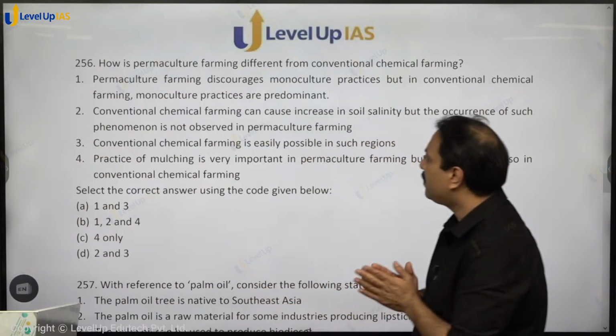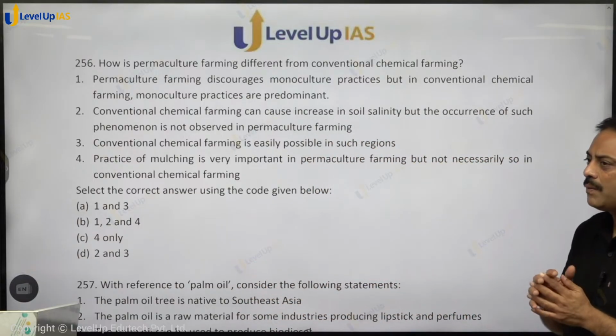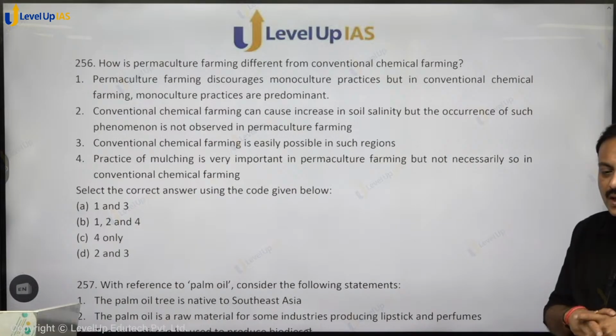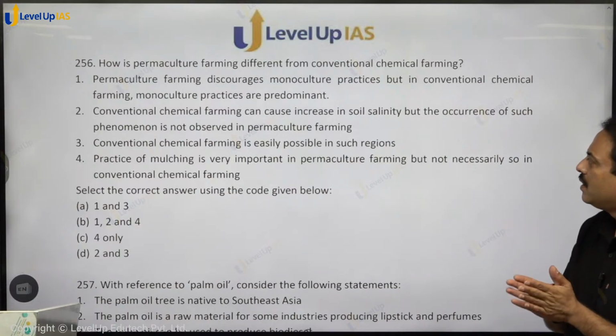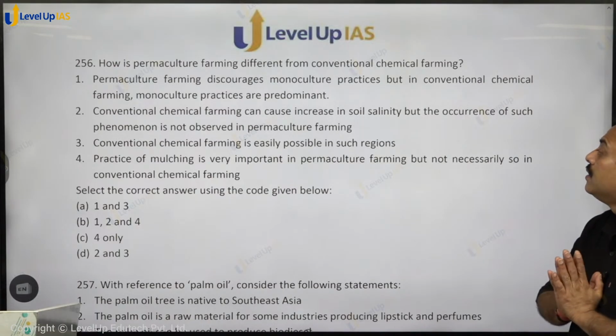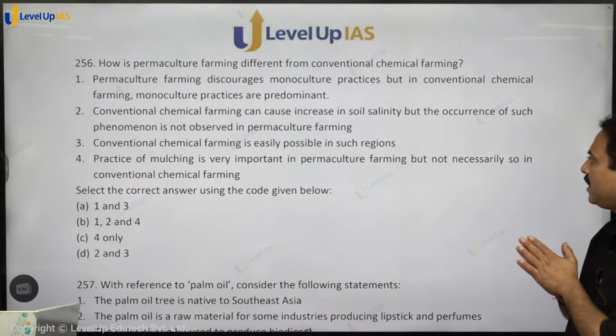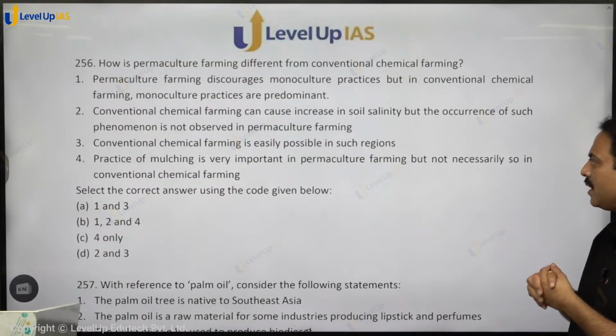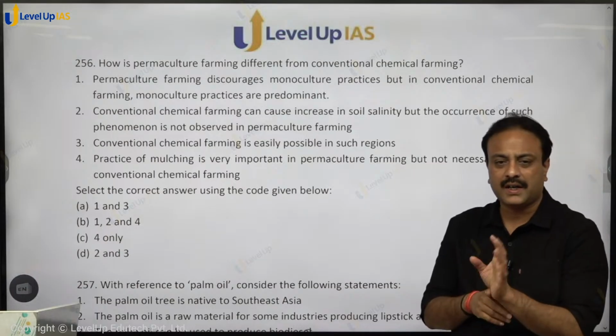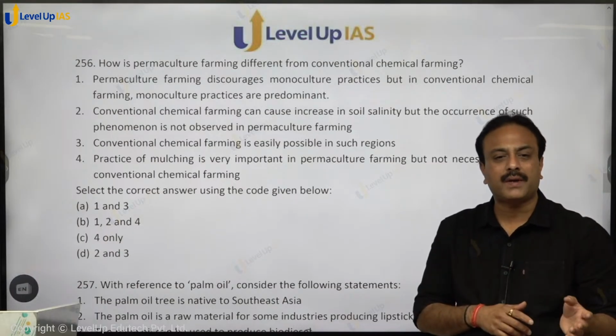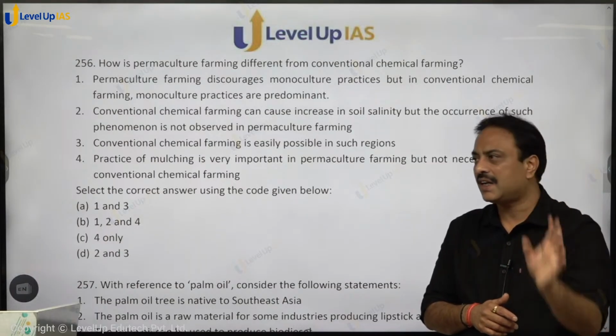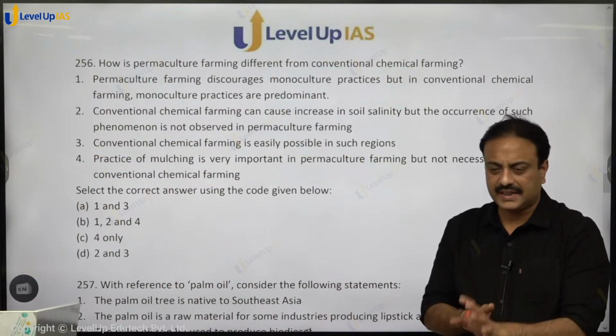How is permaculture farming different from conventional chemical farming? Permaculture farming is another technique. Conventional chemical farming is whatever has been practiced in our country since ages.